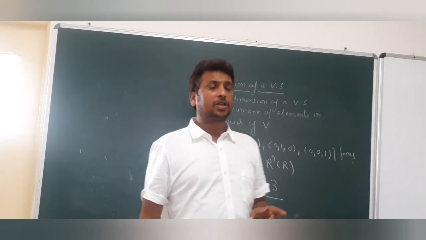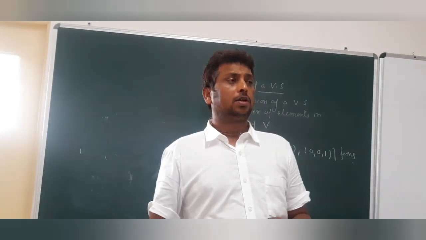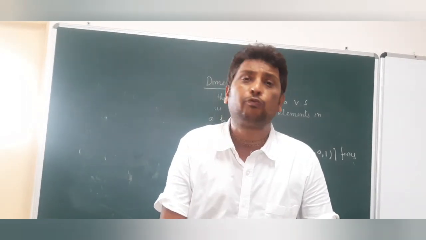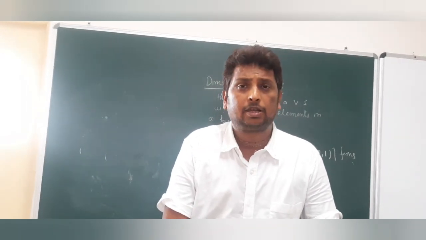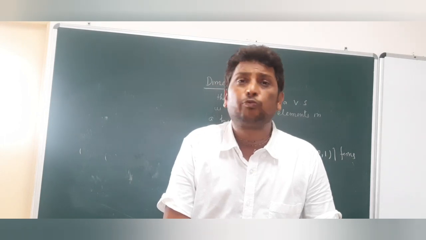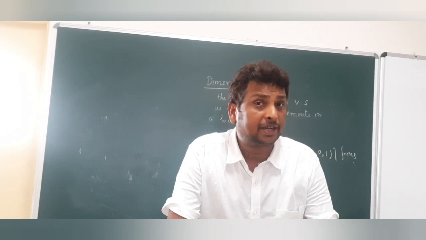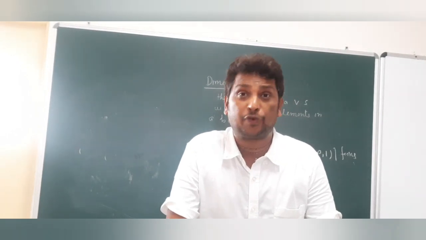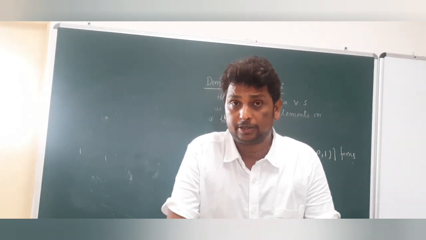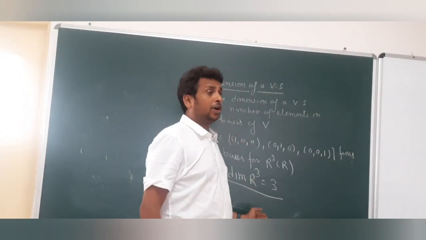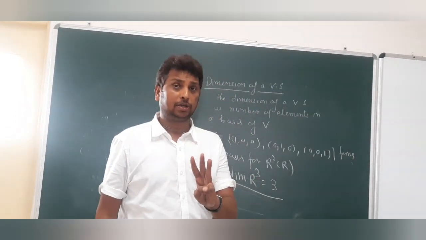So now the question is, can a vector space have more than one basis? Possible? Yes. There are more than one basis possible. But the number of elements in a basis is always fixed, unique. So any basis of R^3 has how many elements? 3 only.